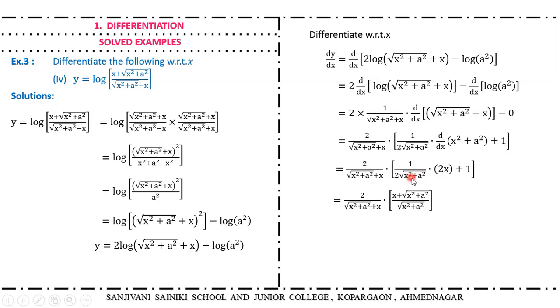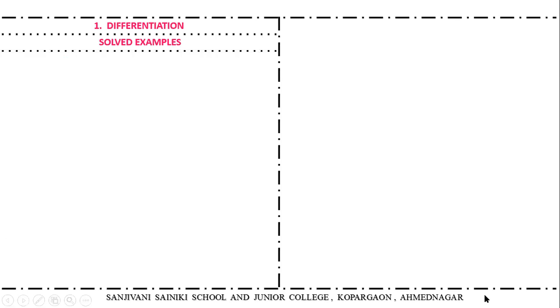Then the 2 will get cancelled, and you will get x upon root x square plus a square plus 1. Then take their LCM. You will get x plus root x square plus a square upon root x square plus a square. So here 2 upon something and here something upon this, both will get cancelled and you will get 2 upon root x square plus a square.